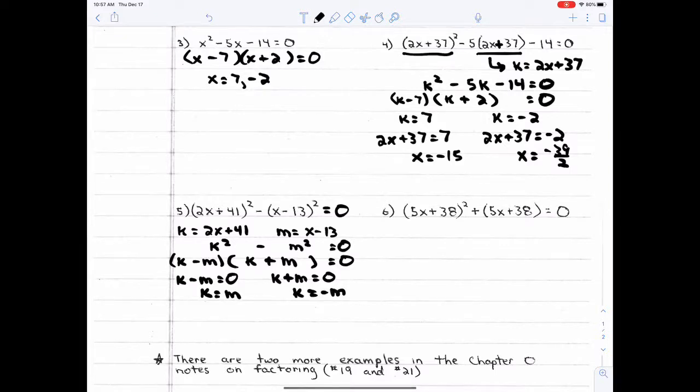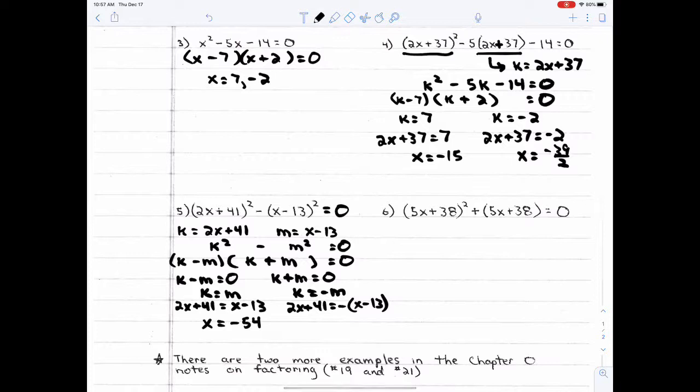And now we'll substitute in the values. So we have 2x plus 41 equals x minus 13, and 2x plus 41 equals negative x plus 13. If we solve this, I'm short on space here, so you'd bring the x over, and you'd get x equals negative 54.